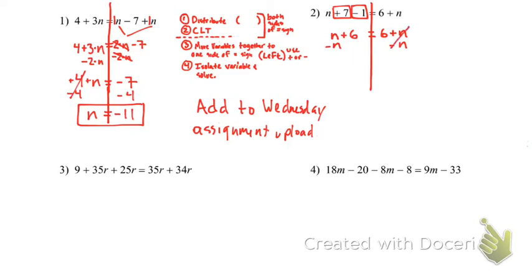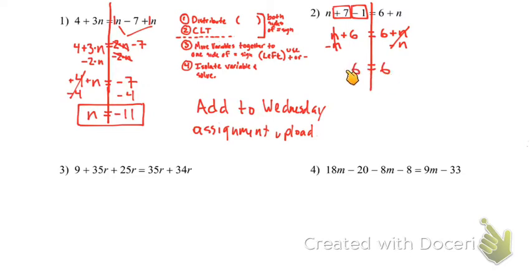Those cancel out. And then something kind of crazy happens here. The n, so 1n minus 1n, they actually cancel out too. They turn into 0 or go away. So we're left with 6 equal to 6. Okay? Because there's no variable, this is an answer that can possibly happen.